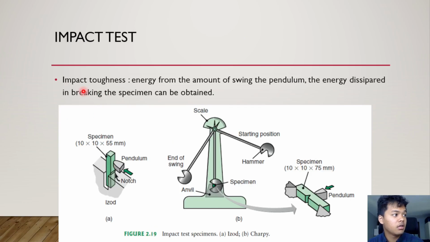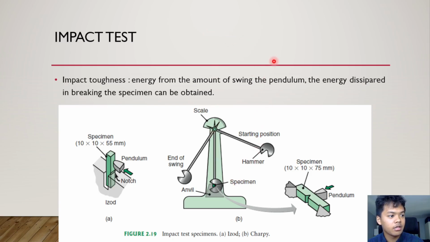Impact toughness: from the amount of swing of the pendulum, the energy dissipated in breaking the specimen can be obtained. To start the experiment, this pendulum is set at a fixed height, and then it is let go.